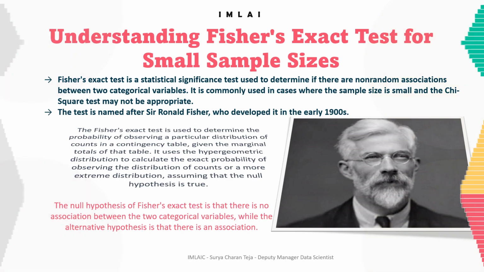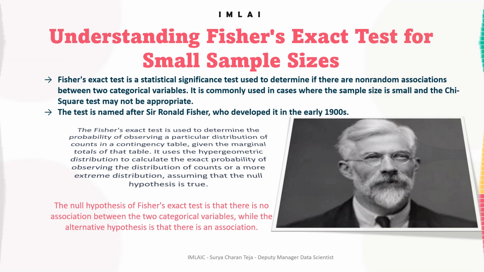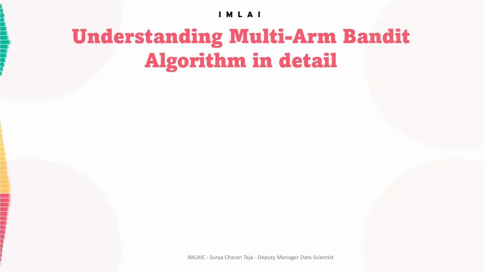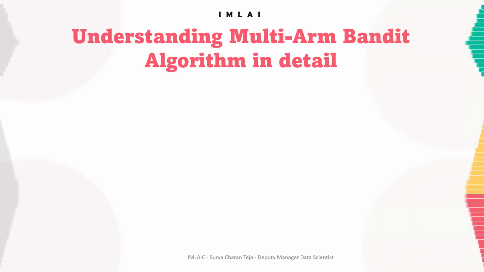So now let's look into one more important test and algorithm, that is the multi-arm bandit algorithm. Let's understand the multi-arm bandit algorithm in detail. Multi-arm bandit is a type of online learning technique that deals with the exploration-exploitation trade-off problem in decision making.